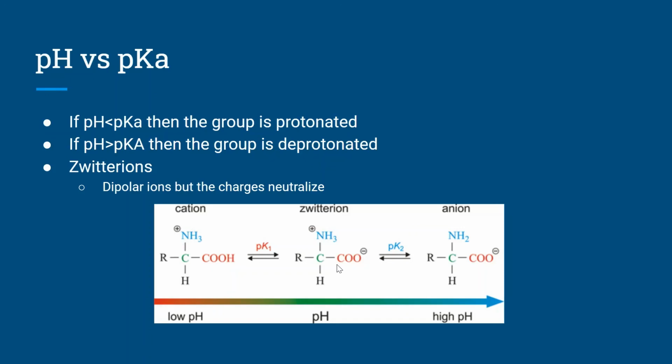At certain pHs this can happen, and because of the positive charge on the amino group and the negative charge on the carboxyl group, these two cancel out, and you have a neutral amino acid, even though there are two different charges on the molecule. So the positive charge and the negative charge on that same amino acid cancel each other out, and you have a neutral molecule, and that's called a Zwitterion.